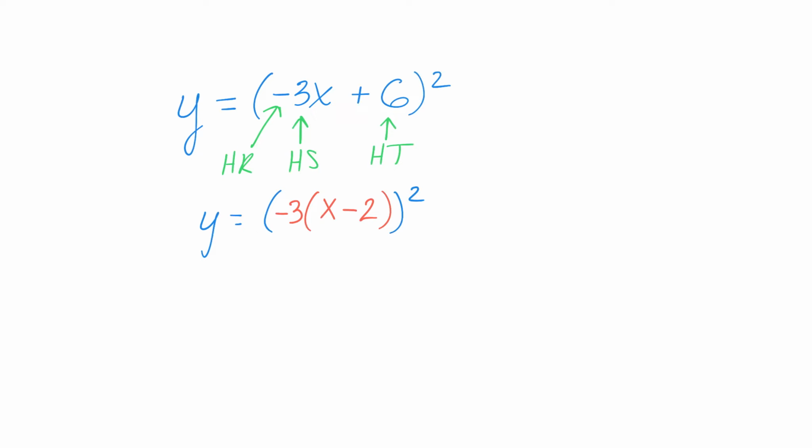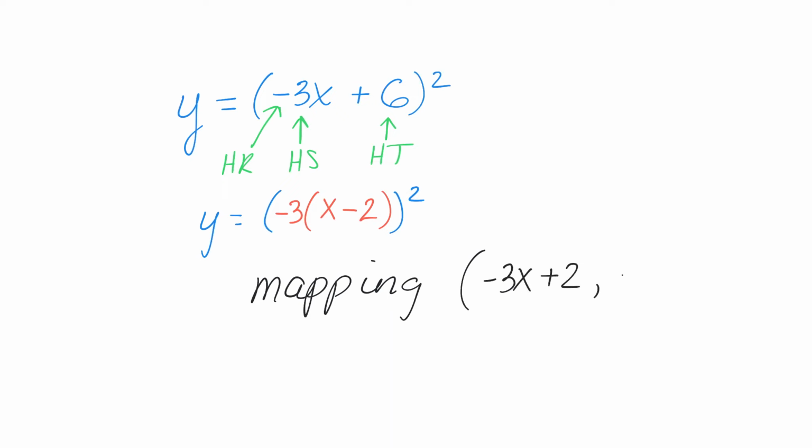So your mapping notation on this would be, everything's happening to the x, so you would have negative 3x plus 2 comma y. So it's all happening horizontally with your brackets within brackets.